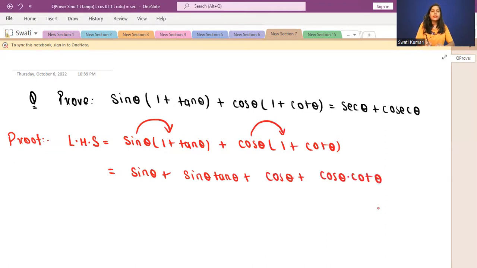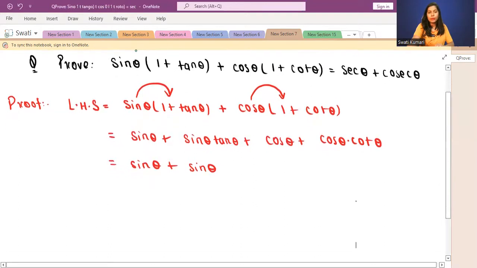And then in the next step, I'm going to write down the sine theta as it is, but for tan theta, I'm going to use a formula. Remember, in the board exam, whenever you use any formula, they expect that you also write the formula alongside. So don't forget to write down the formula always.